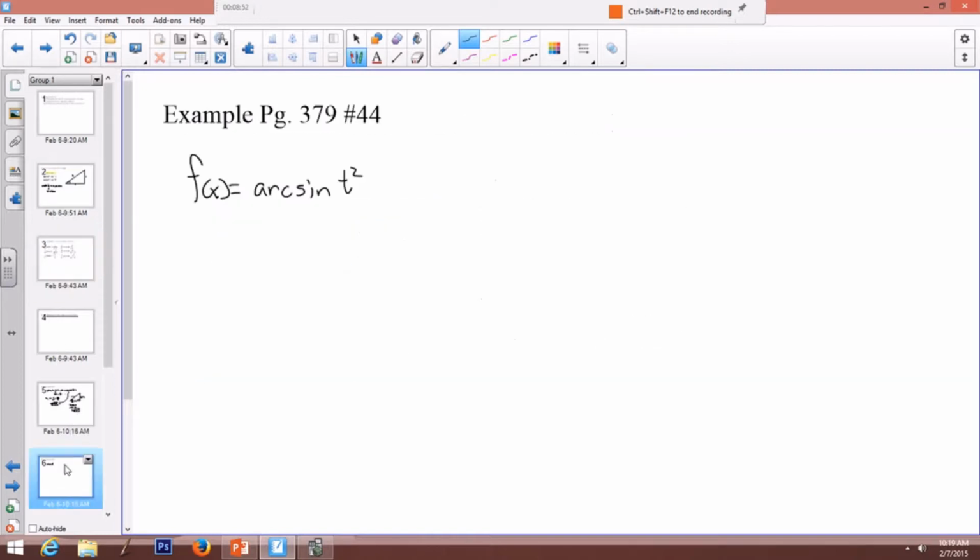So that's pretty easy. So if I say that the derivative of arcsine of u is equal to u prime over the square root of 1 minus u squared, I can say, all right, well, my u is equal to t squared, and then du over dt is going to be 2t. I was doing my integral notation there.